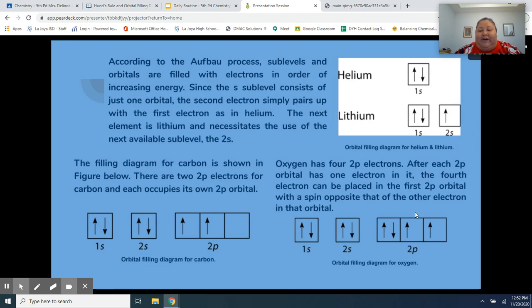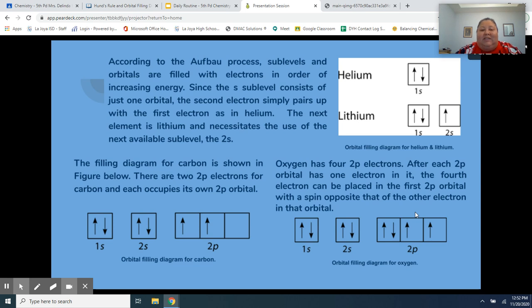All right, this is our final slide. We're almost at the end of our discussion. According to Aufbau's process, sublevels and orbitals are filled with electrons in order of increasing energy. Since the s sublevel consists of just one orbital, the second electron simply pairs up with the first, as in helium.